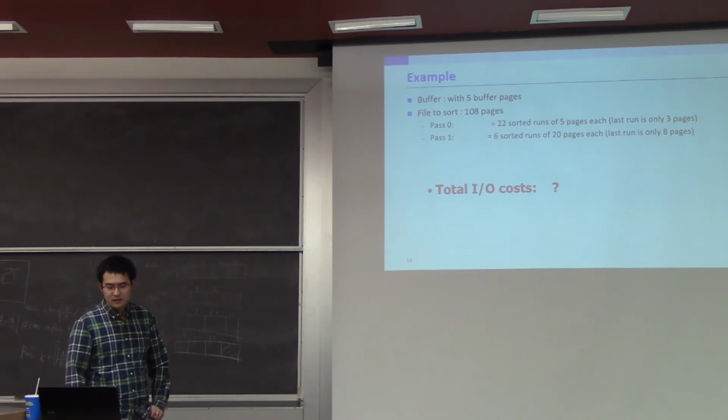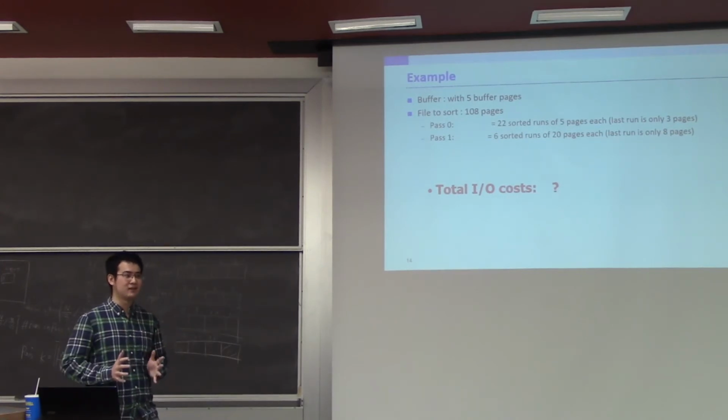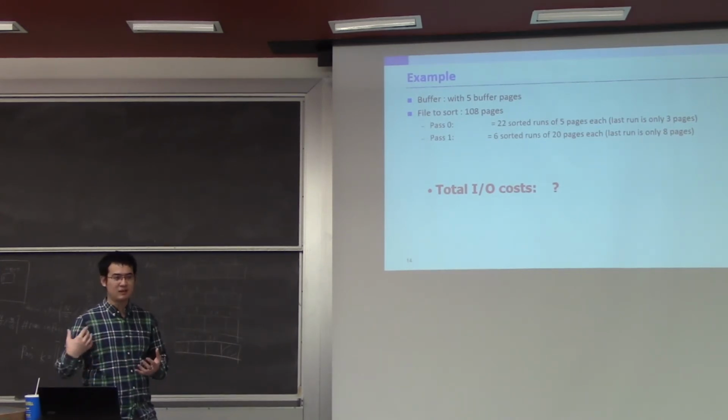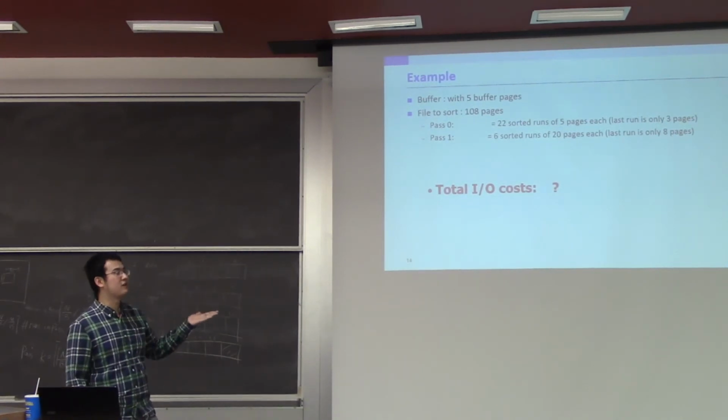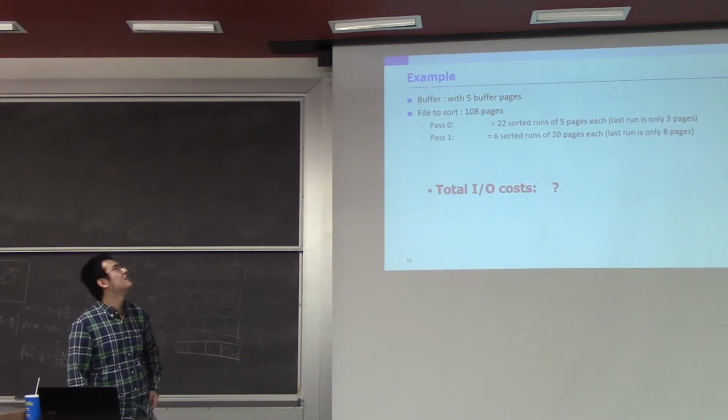And in the second pass, you will use 4 of the buffer pages as the input, so you will merge 4 runs at a time, and use 1 of the buffer pages as the output buffer. So that will give you 22 over 4 runs, right? 22 over 4 is 5.5, right?